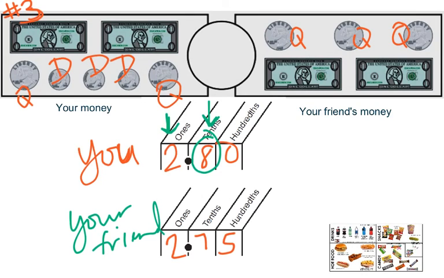You have more tenths. You have 8 tenths as opposed to your friend has 7 tenths. Therefore, you would have more money. I do not need to keep looking at the next place value, because the second largest place value, you have a greater amount than your friend. We can just conclude that you have the most money.